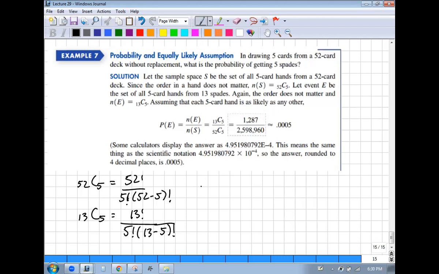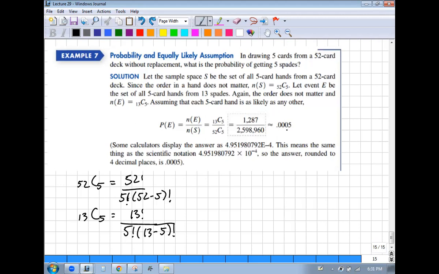So our probability is basically the probability of our event, the number of possible hands we could get out of the total possible hands available. So, sorry, there's 2,500,000 possible hands. There's 1,287 hands you can get that would have 5 spades, okay?